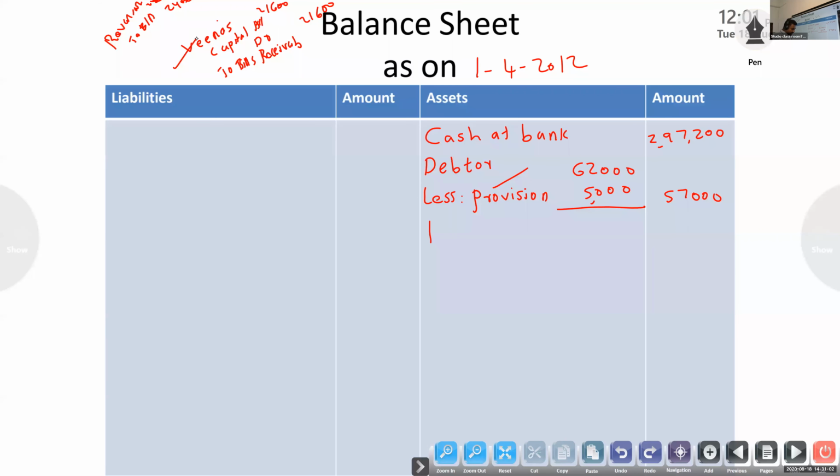So two entries are related to the bills receivable. If they ask for a journal entry and any asset is taken over at a discount, you have to write these two entries.